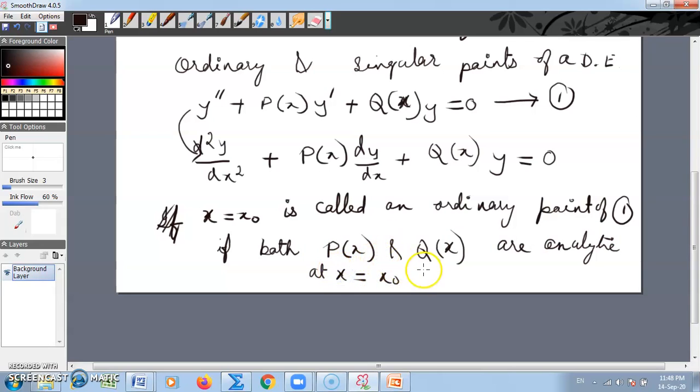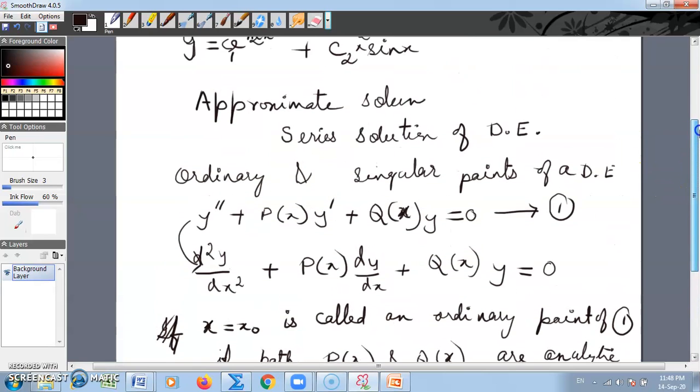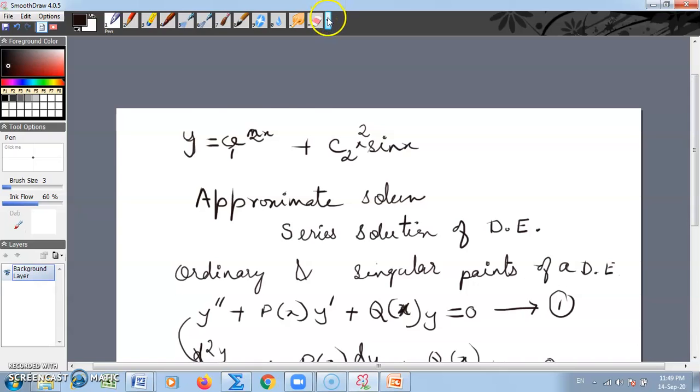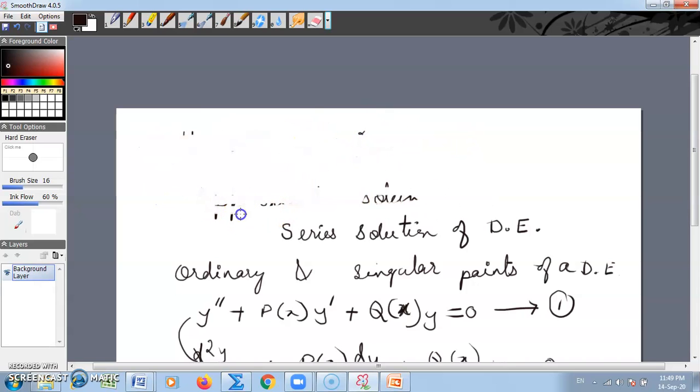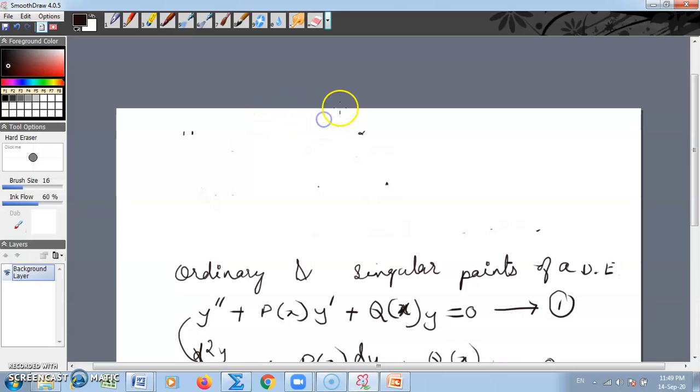So I'd just like to remind you what we mean by analytic. I'm just going to remind you what is an analytic function.